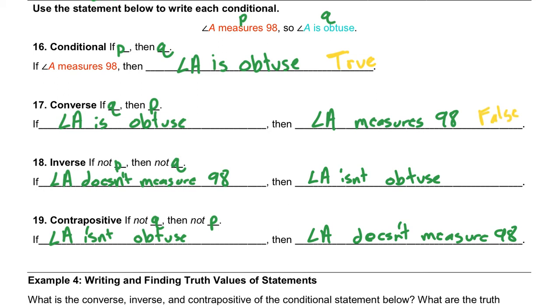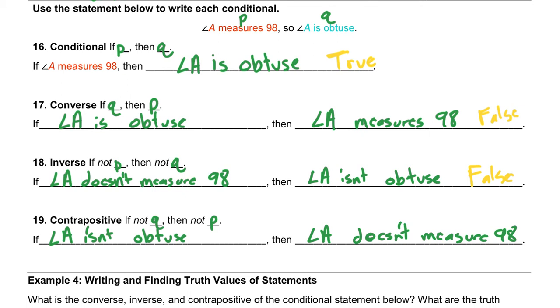It's not true for all obtuse angles that they're all 98 degrees. If we look at the inverse, if an angle doesn't measure 98 degrees, then it isn't obtuse. That's also false. There are angles that don't measure 98 degrees, but are obtuse. So those are both false. Now, contrapositive, if angle A isn't obtuse, then it doesn't measure 98 degrees. Well, if the angle isn't obtuse, it's got to be acute, it's got to be right, or it's got to be straight.